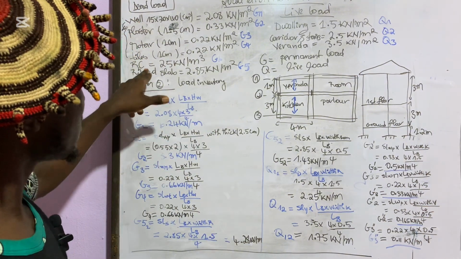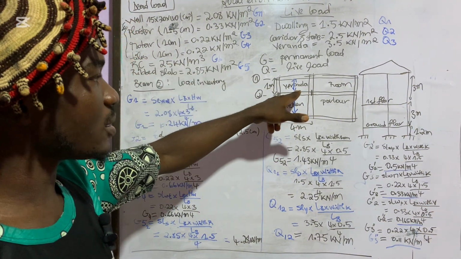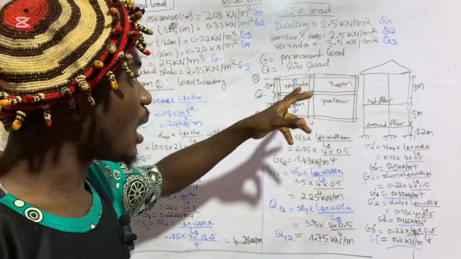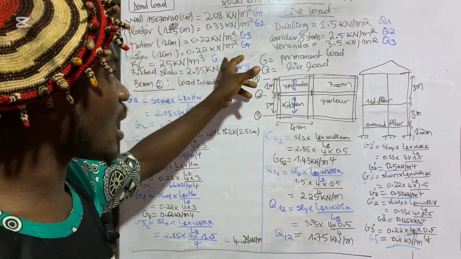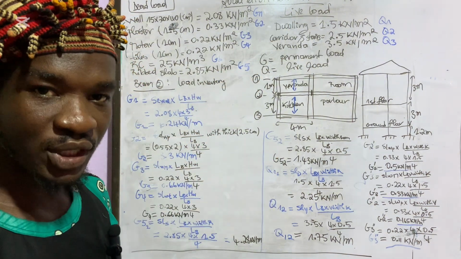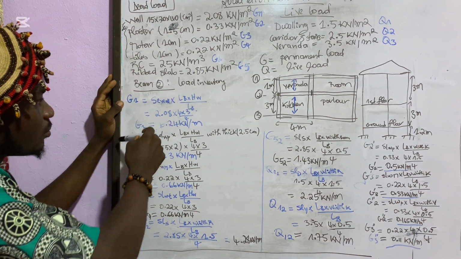As you can see, for the reinforced concrete I put G6, which represents the self weight of the reinforced concrete. Later on I will find G1, G2, G3 through the calculation for each of those elements. Concerning the wall, we can start here.